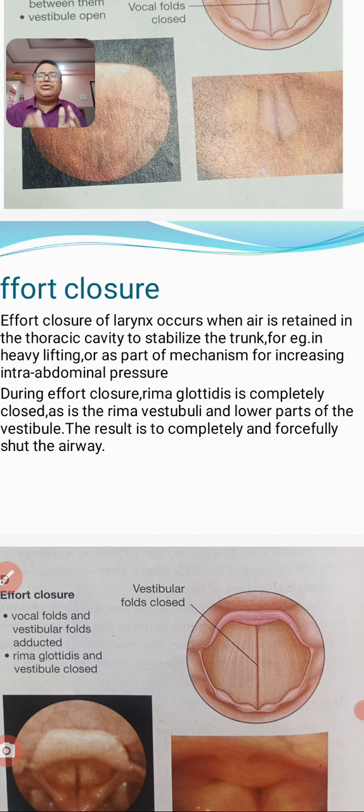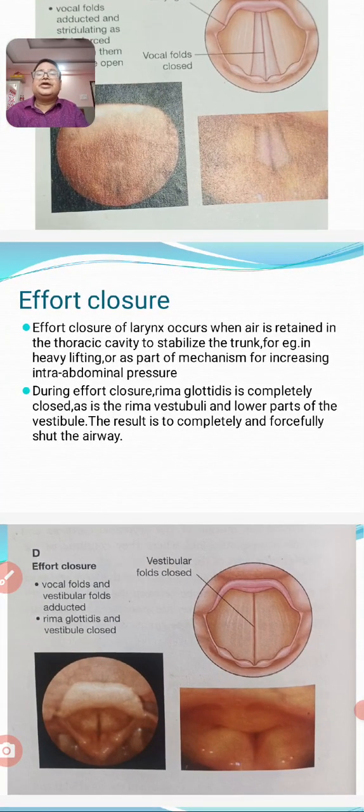What is the mechanism during effort closure? We close the larynx forcefully when air is retained in the thoracic cavity to stabilize the trunk, for example in heavy lifting, or for increasing the intra-abdominal pressure.